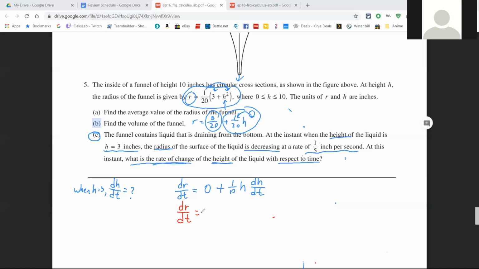At this point, you're going to plug in everything you know and look for dH dt. So dr dt, they gave it to you. The radius is decreasing, so that should be negative, at a rate of 1/5 inch per second. So that's negative 1/5 here.